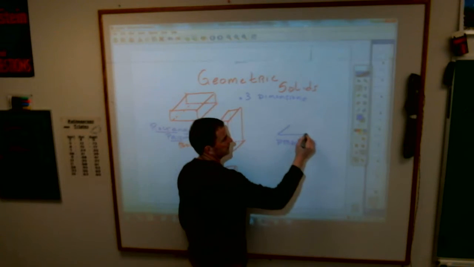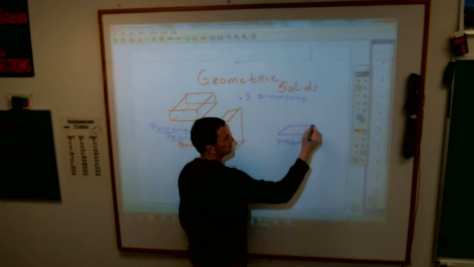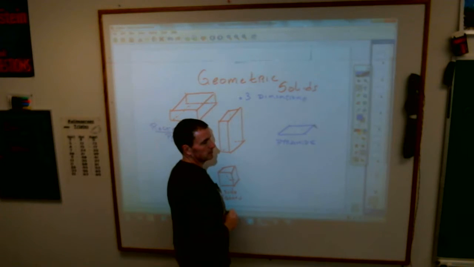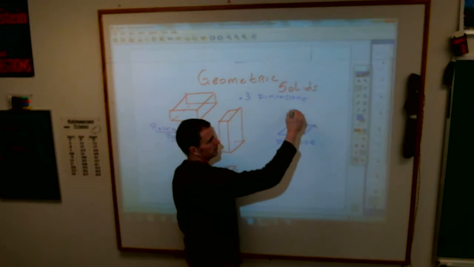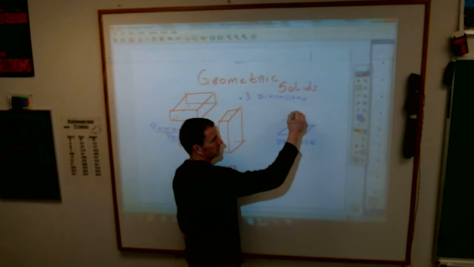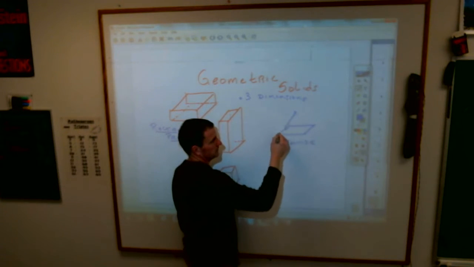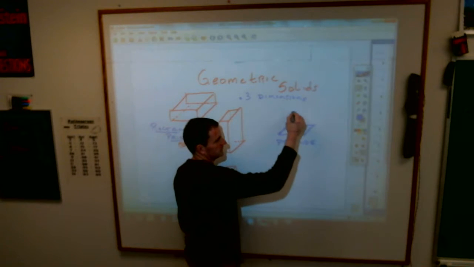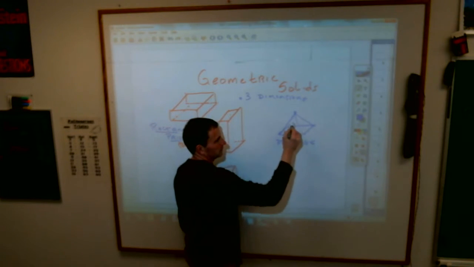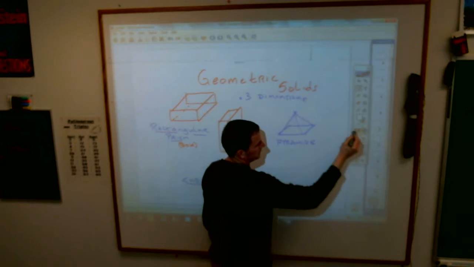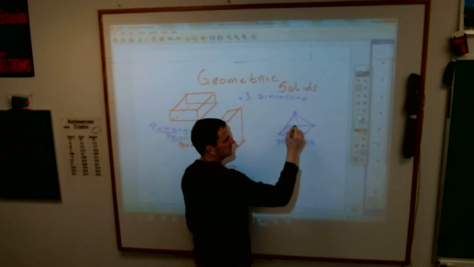You start off kind of with a squished square, as best you can. Put a point somewhere above it. Try to get it kind of in the middle above it. And then connect that point to the other points. You'll get yourself at least a relatively decent looking pyramid. These lines back here should kind of be erased.